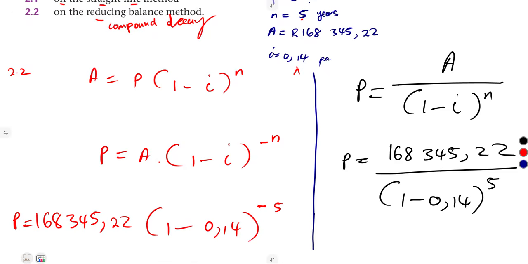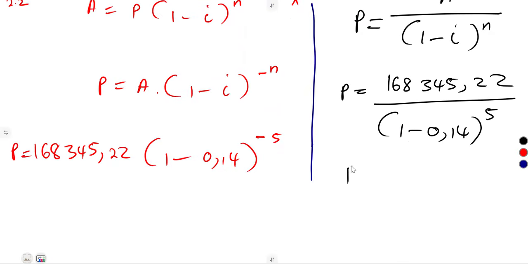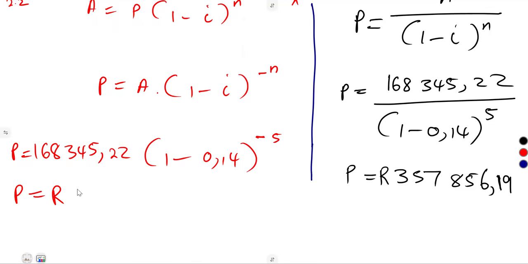With this we're going to obtain the same value of P, our original value, which is 357,856,19 to 2 decimal places. You do the same thing on this presentation and it gives the same answer.